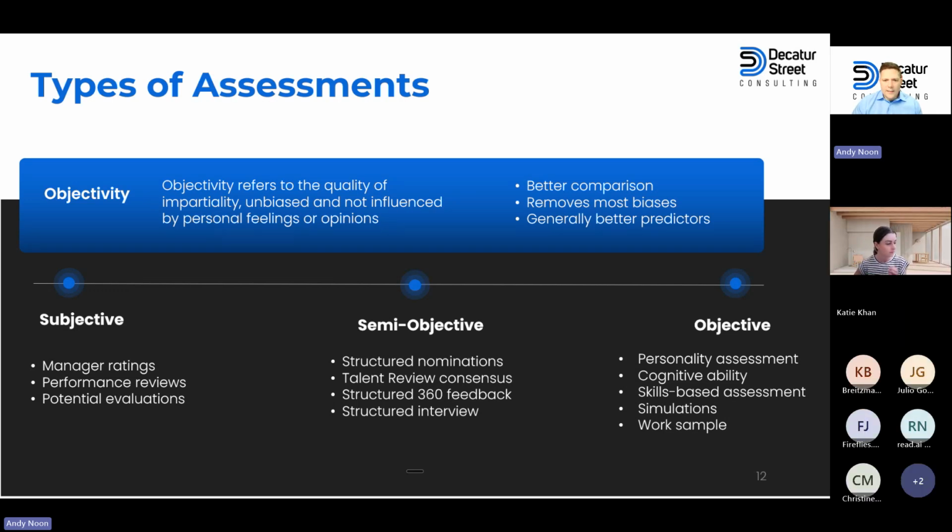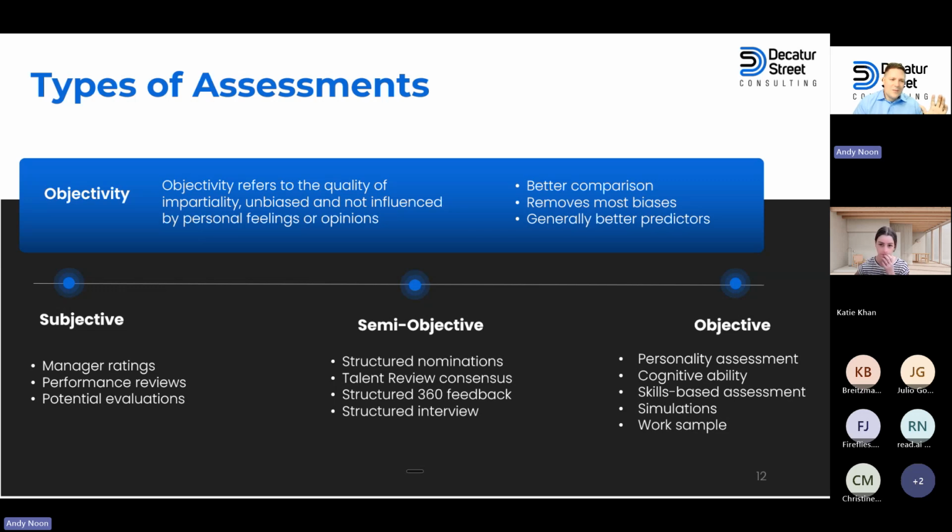So when you look across some things that you potentially use as it relates to succession, you have everything from completely subjective to what I'd call semi-objective, and then you have the last thing, which is completely objective for the most part.